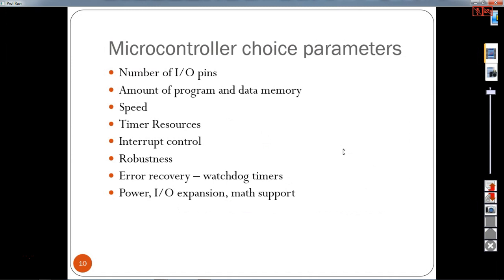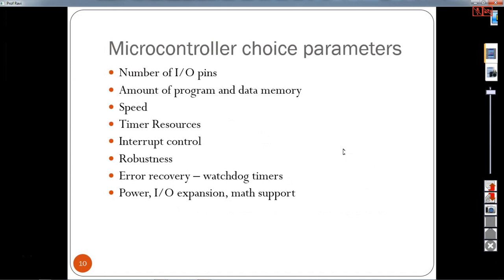Then there are separate buses: a separate address bus for identifying the program or code, and a separate address bus for identifying the data. Similarly, to bring the instructions to the CPU you have a separate bus, and to bring the data to the CPU you have separate data lines.